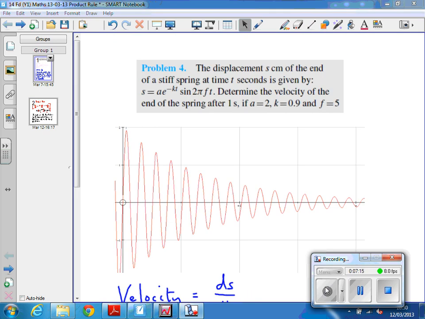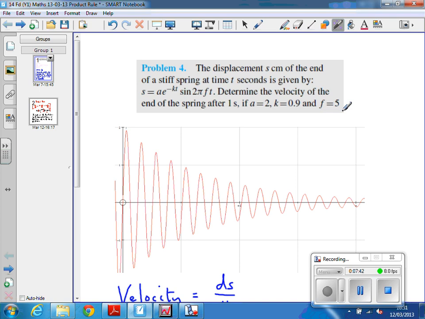So going back to the original question, we've got to determine the velocity, so that's telling us we've got to differentiate it after 1 second. So we're going to differentiate it and then put in the time equals 1 second and find the velocity, or the rate of change of displacement with time at that point, given these values. So, as in the previous practical examples you've been looking at, the method's the same.